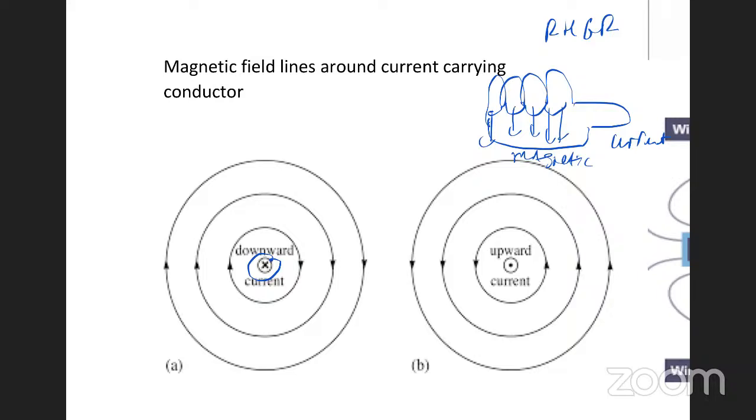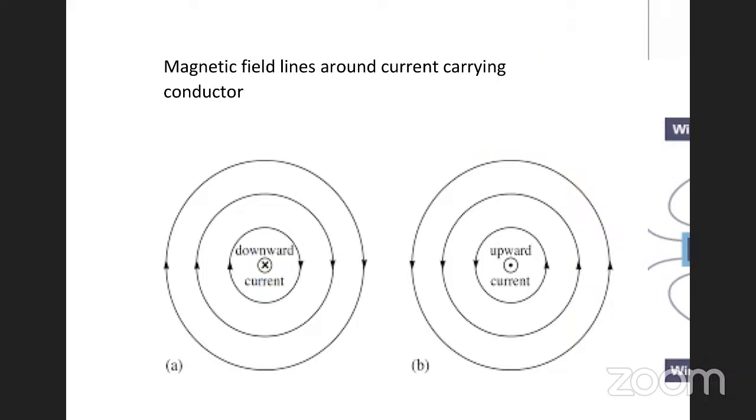If you have current coming out of the paper, your fingers will point anti-clockwise. So whenever you see the X, the magnetic field around it is clockwise. When you see the dot with the little circle, the magnetic field around it is anti-clockwise.